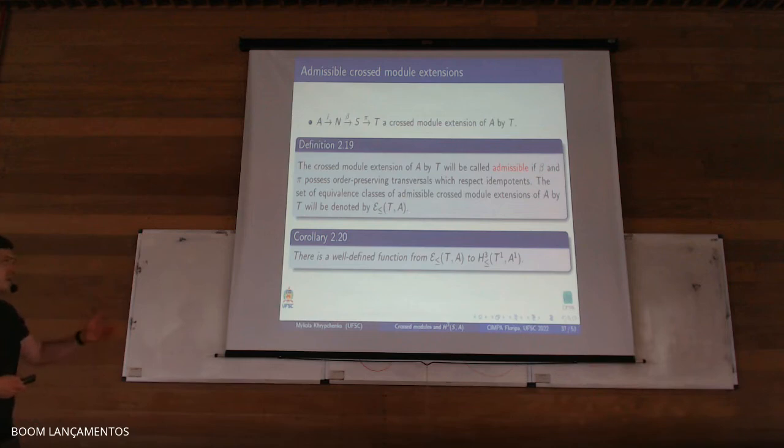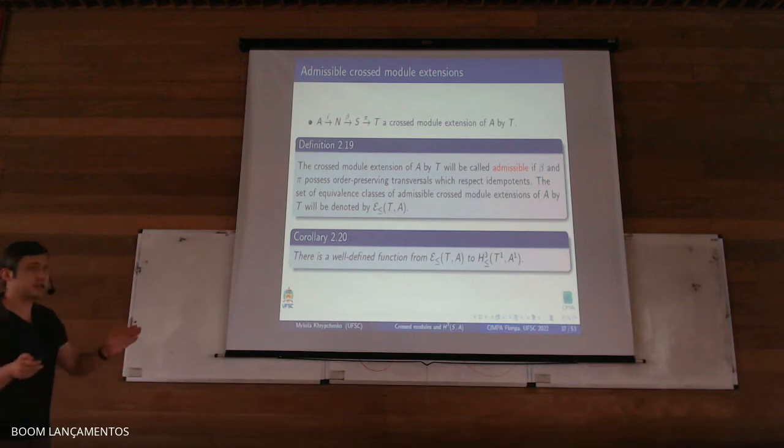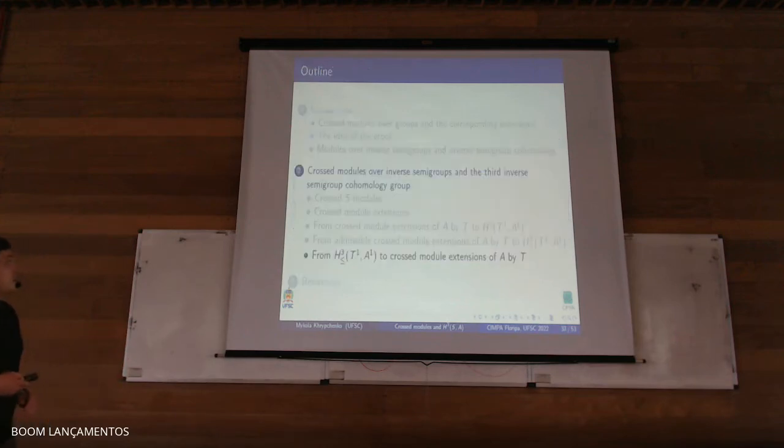You may show that any equivalent extension will also be admissible. So you have this set, and it's easy to see that admissible extensions produce order-preserving cocycles and order-preserving cohomologies. Okay, well, so you have a map in this direction. It was relatively easy. Now what's going on in the opposite direction?